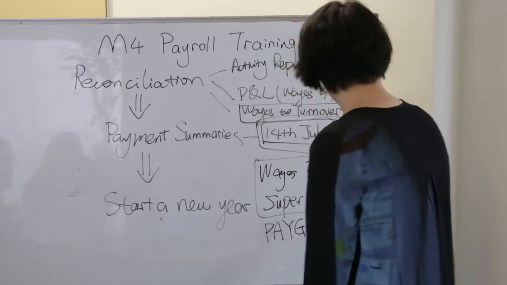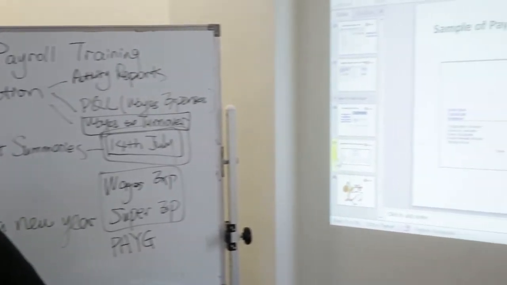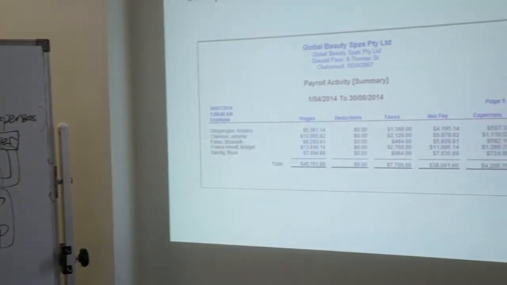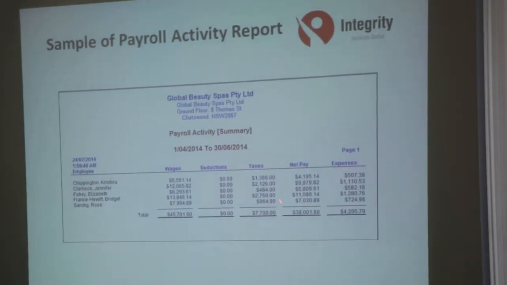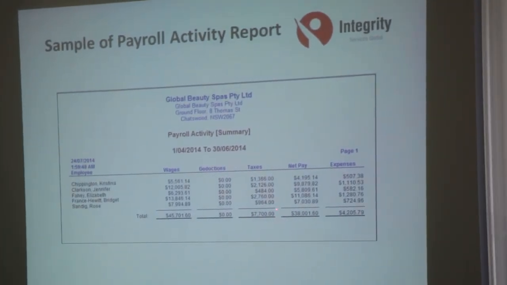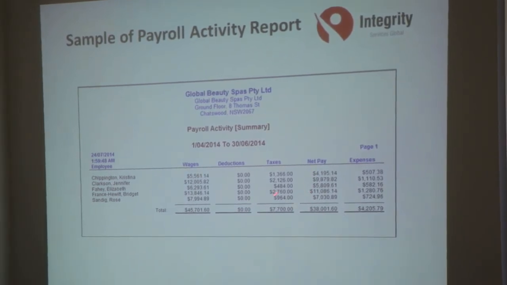We check the PAYG number we generate here, the tax, against the number we lodged on the ATO website. So we need to double check this part, the PAYG.